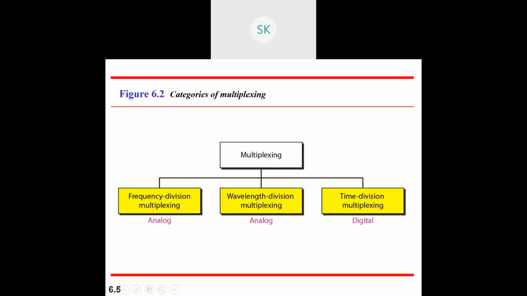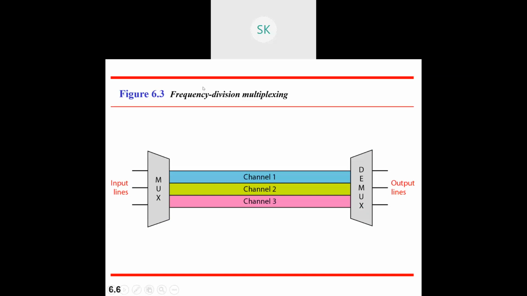According to our syllabus, wavelength division is not available, so we will discuss only frequency division as well as time division. Frequency division will always take care of your analog signal to be transmitted or received, whereas time division will always be transmitting or receiving your digital signals. So this is how it will be going.